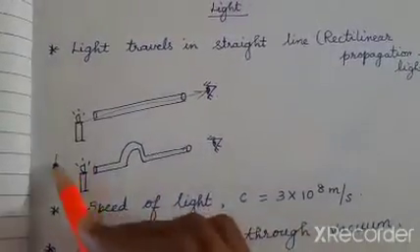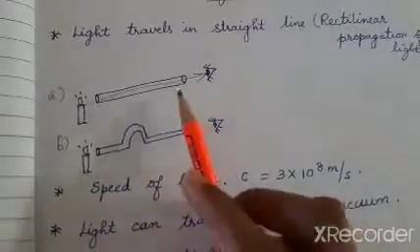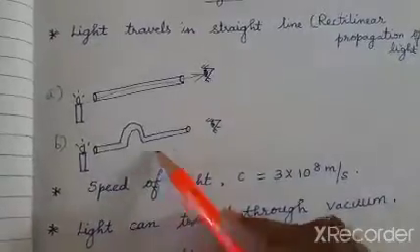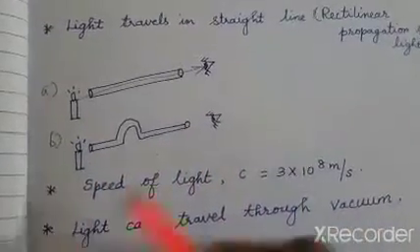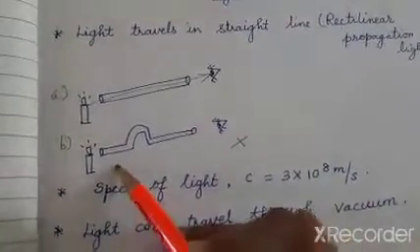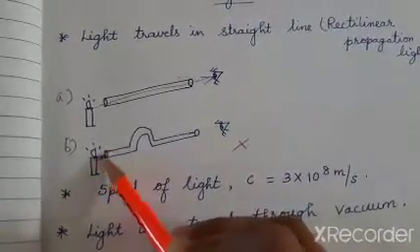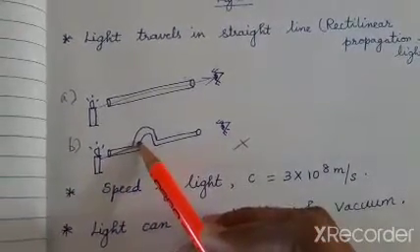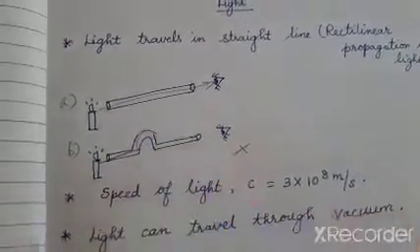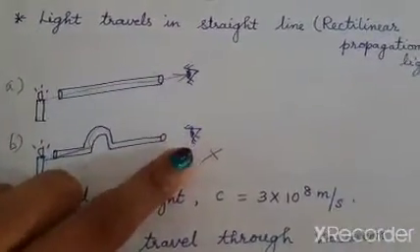Whereas in the second case, this is A case and this is B case. In B case, instead of a straight pipe, I am using a bent pipe. So will I be now able to see the candle? No. Why? Because the light takes the path of a straight line. The light of the candle will pass through the pipe like this, and since it is bent, it cannot reach the other end where the eyepiece is present.